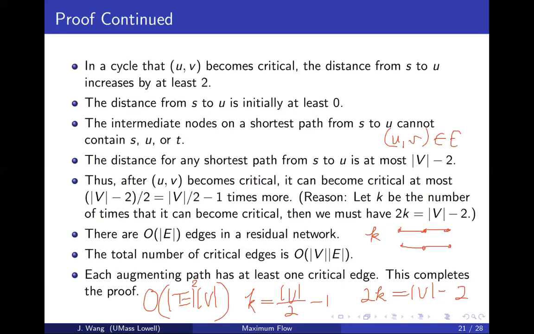This proof is harder, probably one of the hardest in this course that we are going to see in the rest of the semester.